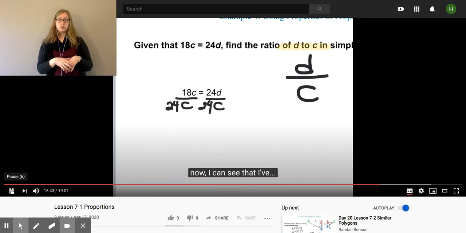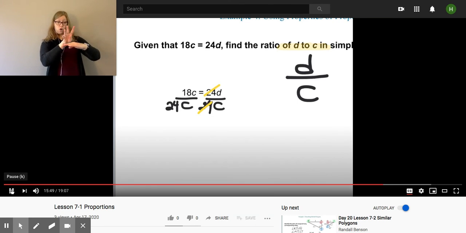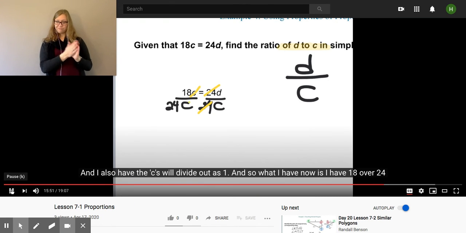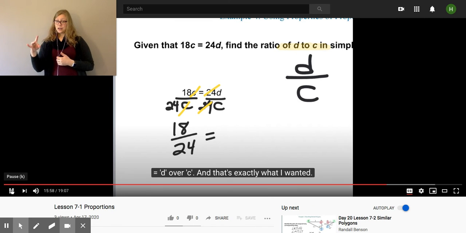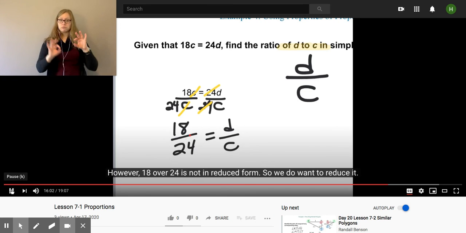And now I can see that the 24s will divide out as 1. And I also have the C's will divide out as 1. And so what I have now is 18 over 24 equals D over C. And that's exactly what I wanted. However, 18 over 24 is not in reduced form. So we do want to reduce it.